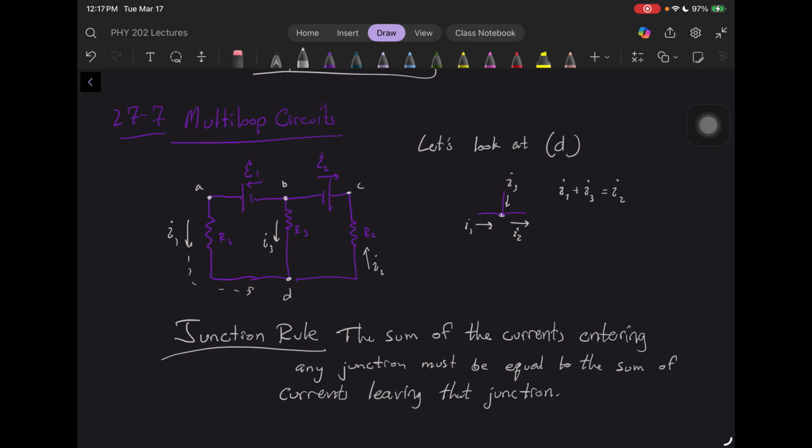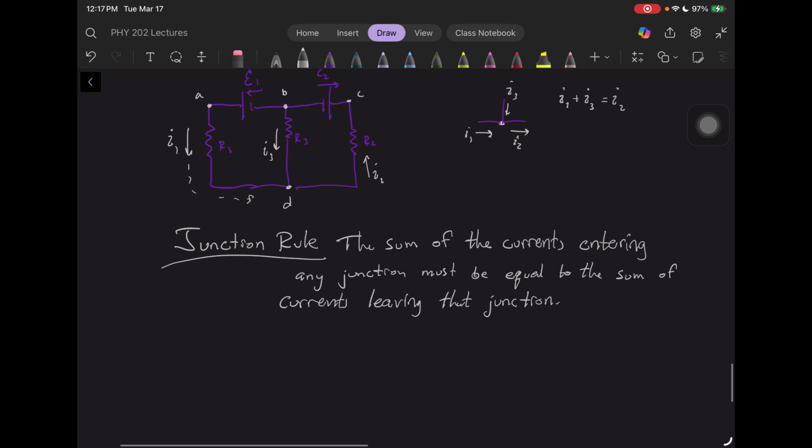This is just a statement of conservation of current, conservation of charge. This is often called Kirchhoff's junction rule, or sometimes his current law.